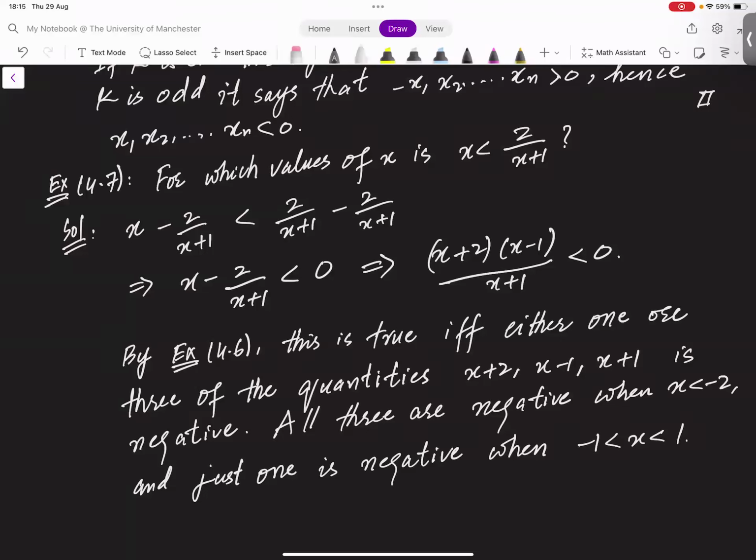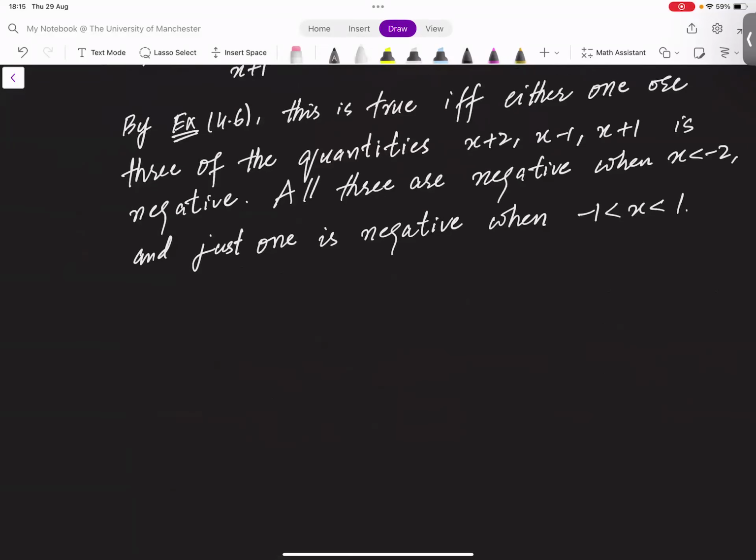So this is the answer. So these are the values for which x is less than 2 over x plus 1. Okay.